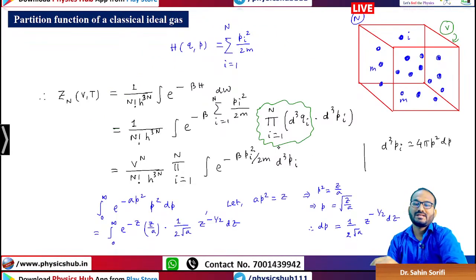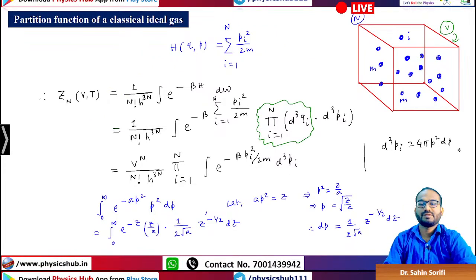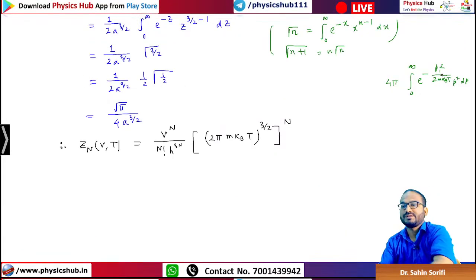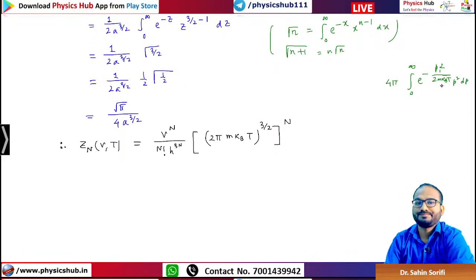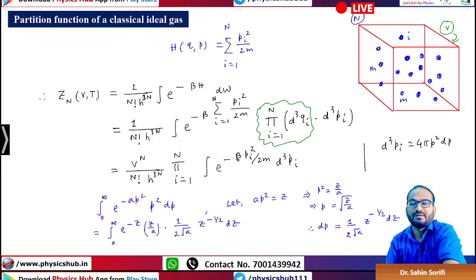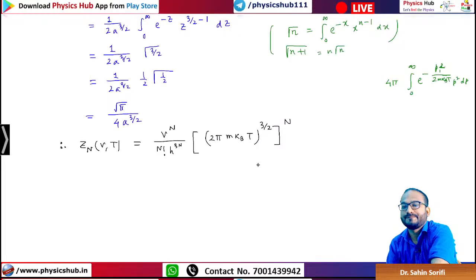Here in this expression, just write d3p is equal to 4 pi p square dp. So the integration becomes e to the power minus p square by 2m kT, p square, let us say p instead of writing pi square.